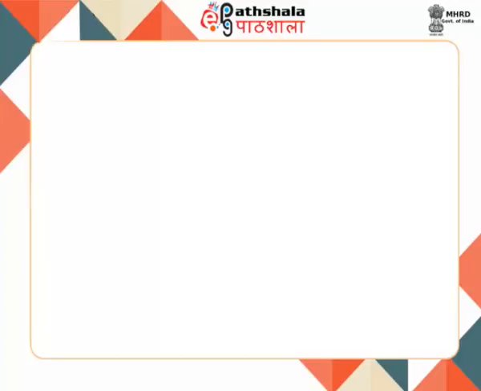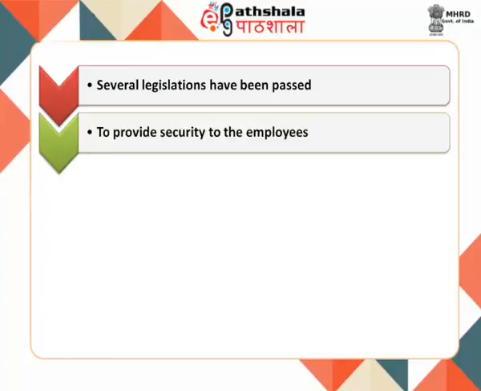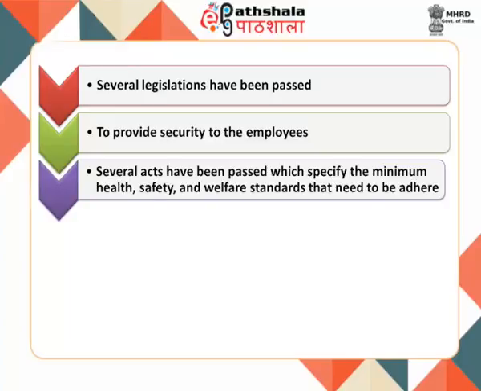Considering the need for fringe benefits, several legislations have been passed to provide security to the employees against social risks like old age, maternity, etc., and several acts have been passed which specify the minimum health, safety, and welfare standards that employers need to adhere to at their workplaces.